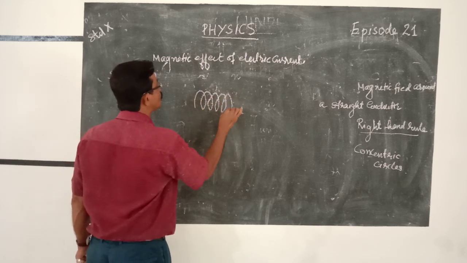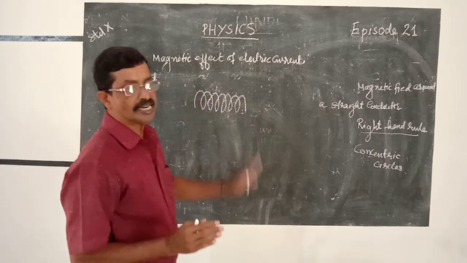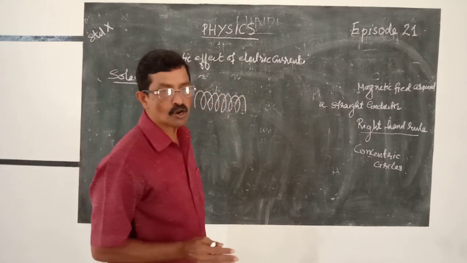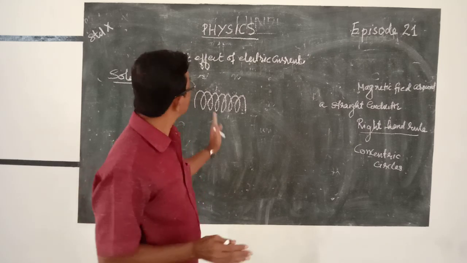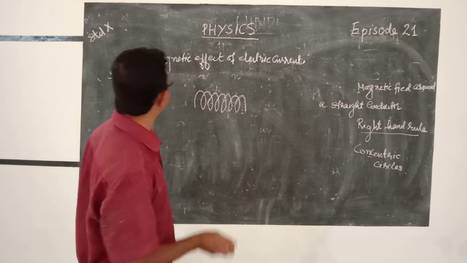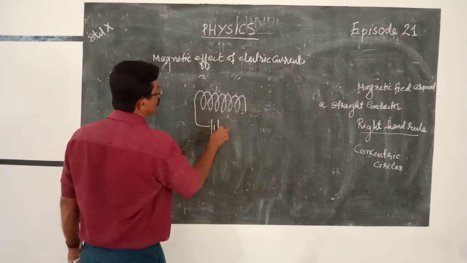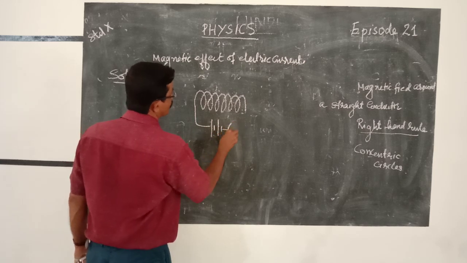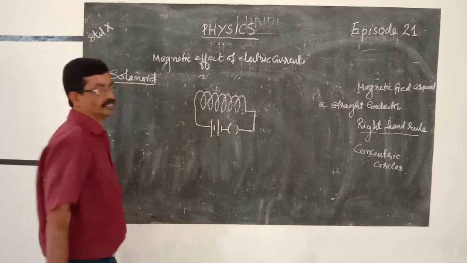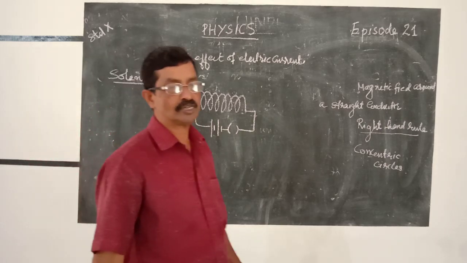This is an insulated copper wire and it is wrapped closely in the shape of a cylinder. Then it is connected to a battery and plug key in this manner. Then current passes through this one.